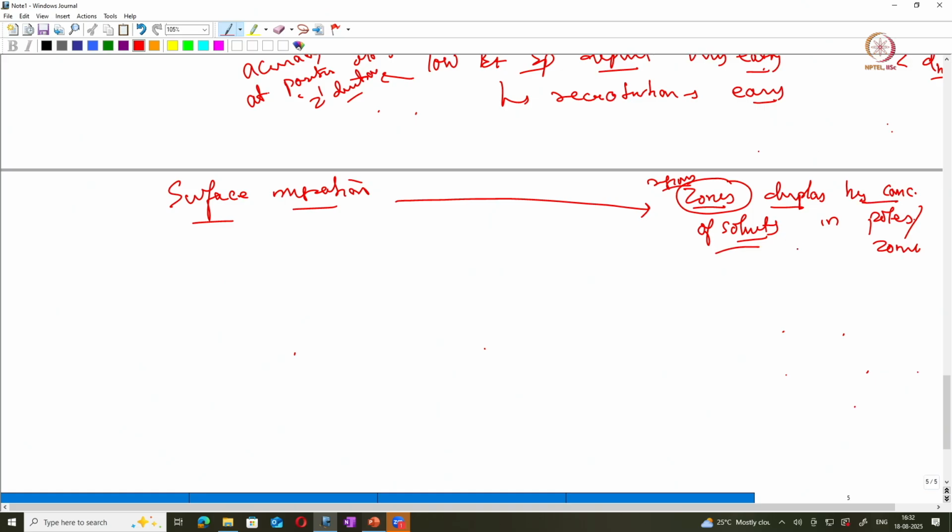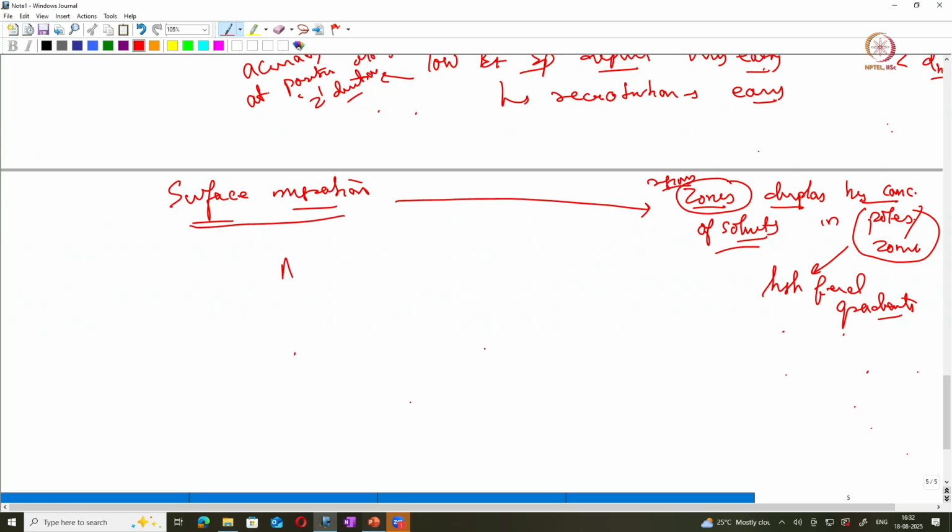Okay, this is because these poles and zones are regions of high field gradients. So along with the trajectory aberrations, even surface migration can take place.